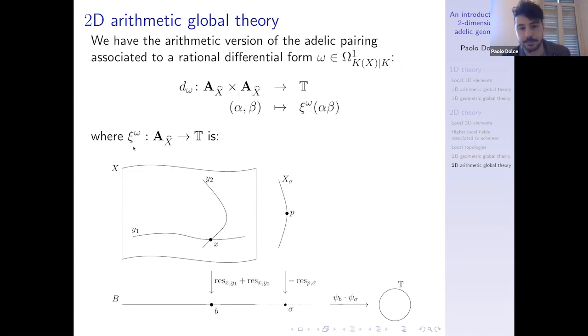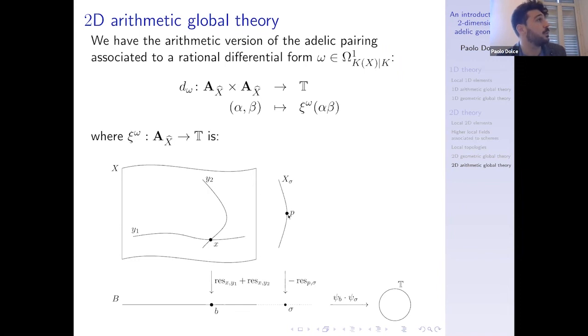This is the character, which is defined in this way. So locally, you take the residues of these two-dimensional local fields. For example, here, at this point X, you have two-dimensional local fields, the one arising from the vertical one and the one arising from the horizontal one. And then you have two residues, you take the sum.